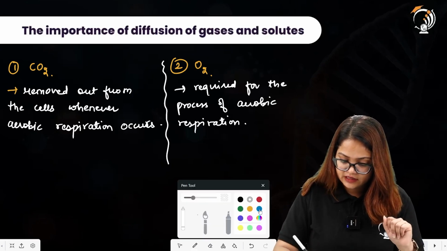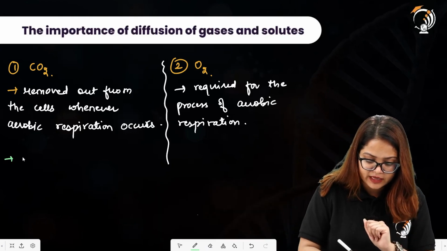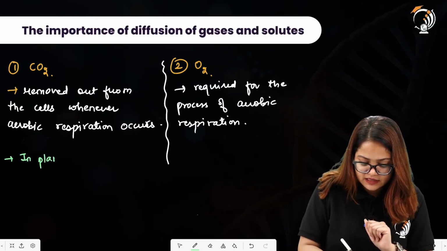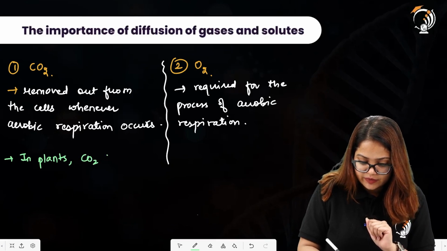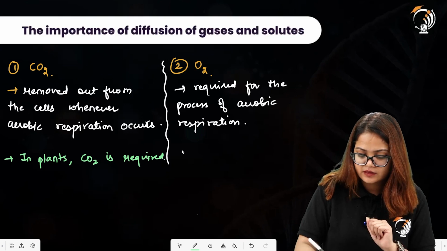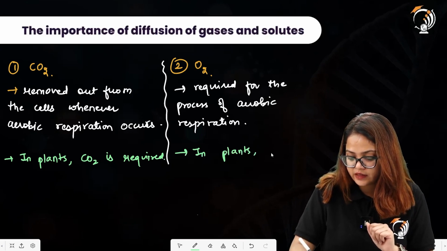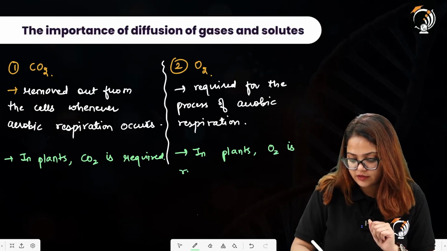Then whenever we talk about the plants, in plants, CO2 is required. In plants, oxygen is removed.